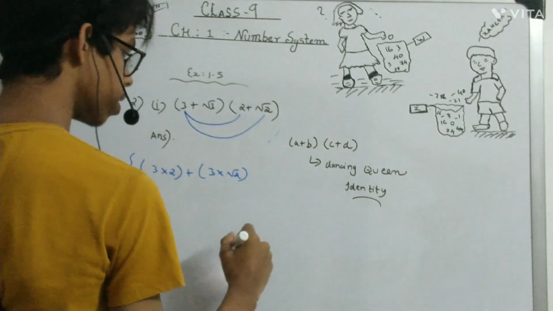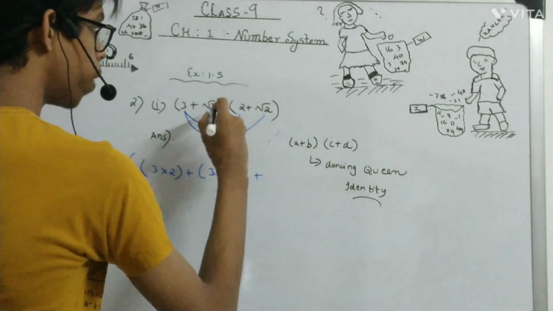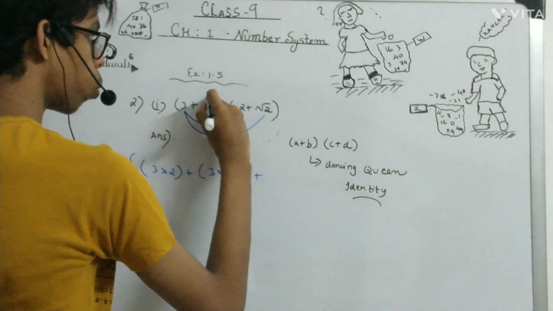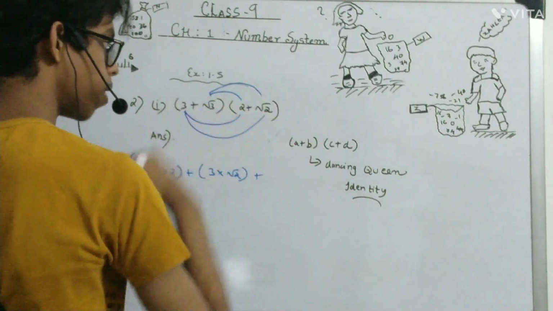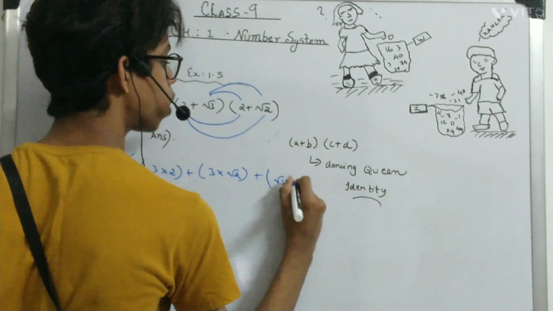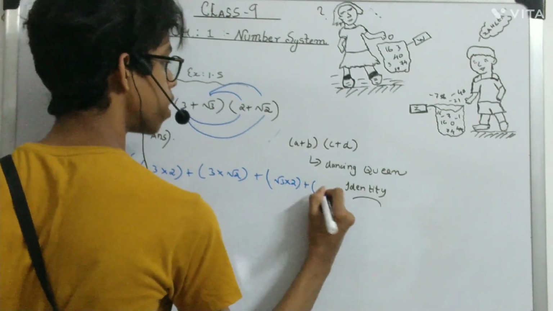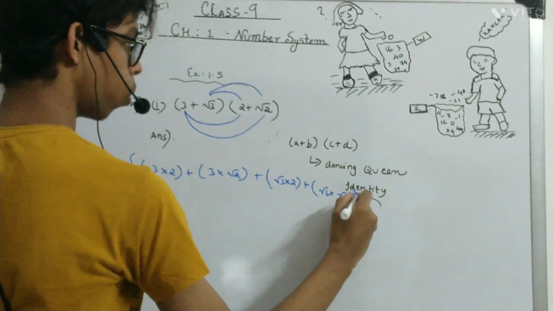Then plus, what should we do? We have to fix this root 3 and multiply this root 3 with this 2 and this root 3 with this root 2. So plus, we can write root 3 into 2 plus root 3 into root 2.